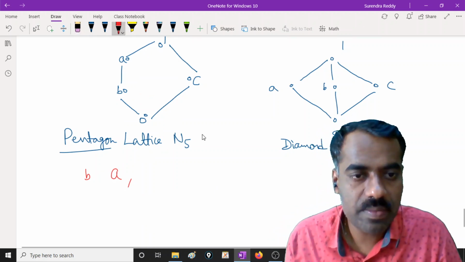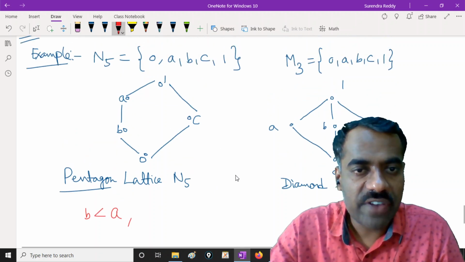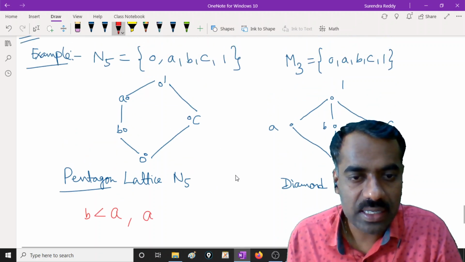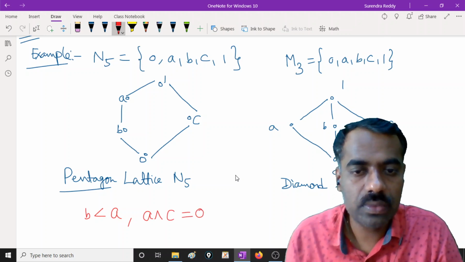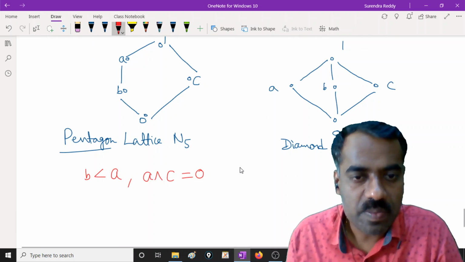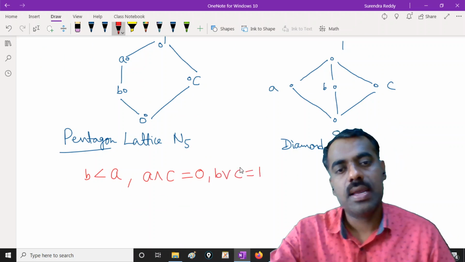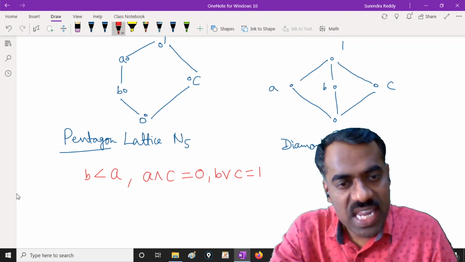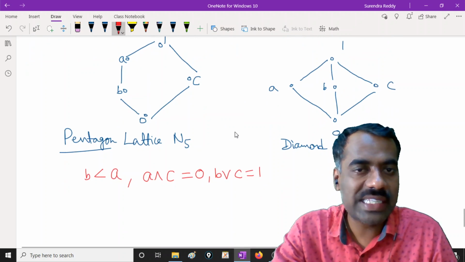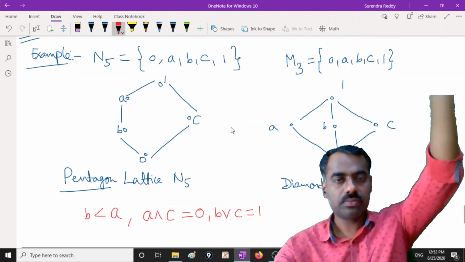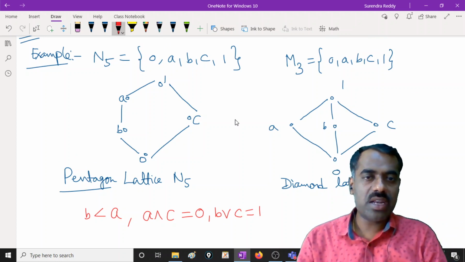I'll write here b is less than a, and if I define a meets c, we know this a meets c here is 0, and b joins c is 1. With these three relations, you can get each and every relation here. Let's see how you get the remaining elements.